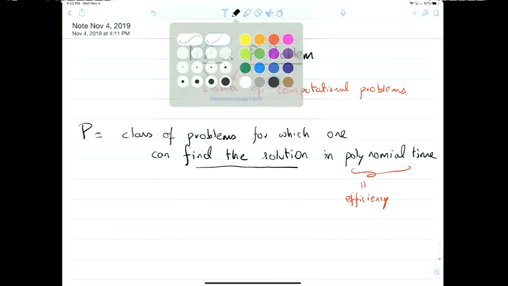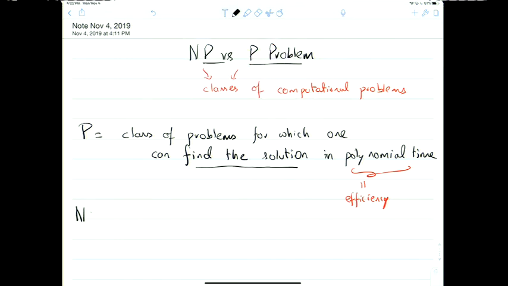Let's talk about NP. NP is not "not polynomial time"; then it would be a super easy question, P is not equal to NP. NP is really the class of problems for which you can verify the solution efficiently.